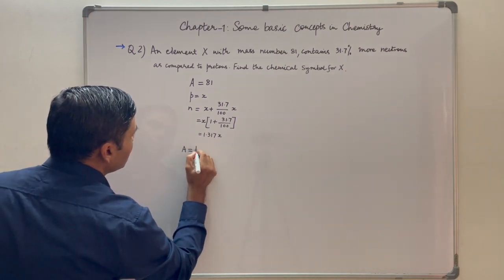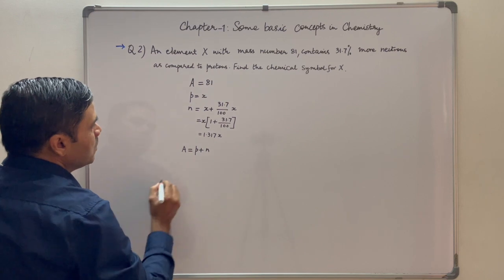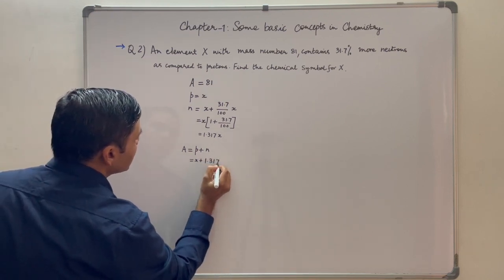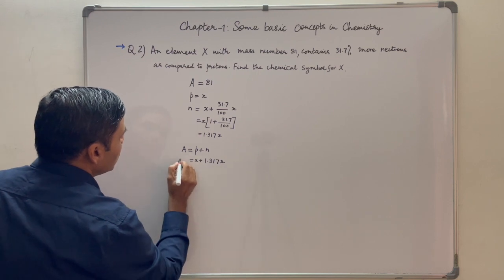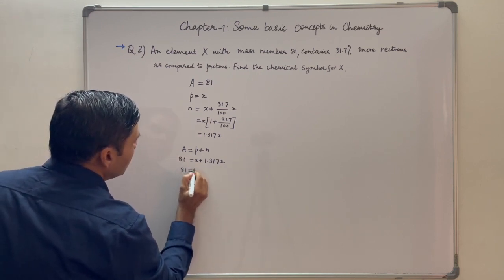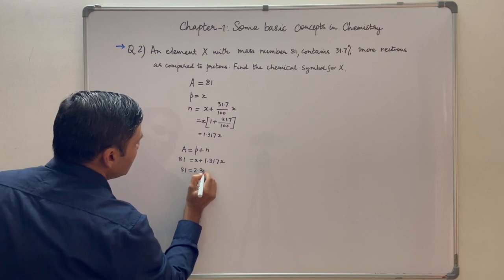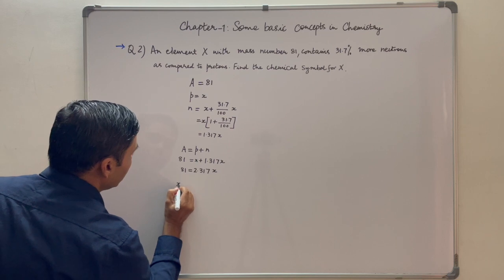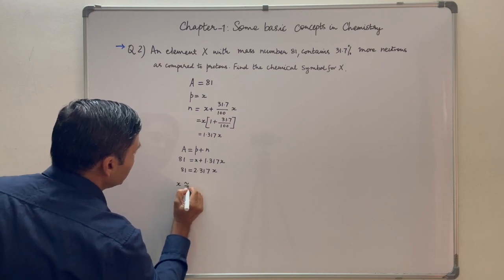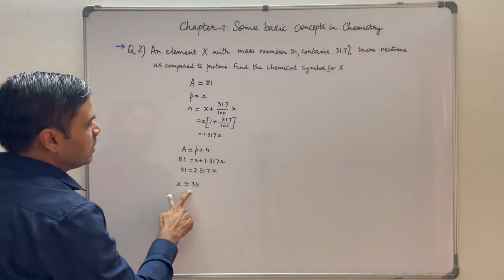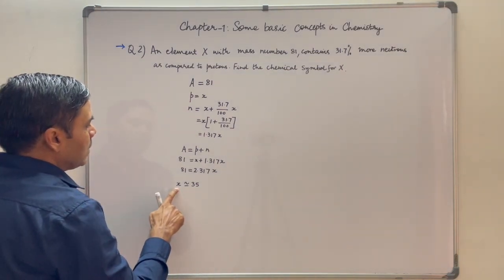So A is equal to P plus N, means x plus 1.317x. So A is 81. So 81 will be equal to 2.317x. When you calculate x, x will be approximately 35. Precisely, it will be 34.9. And what is x?